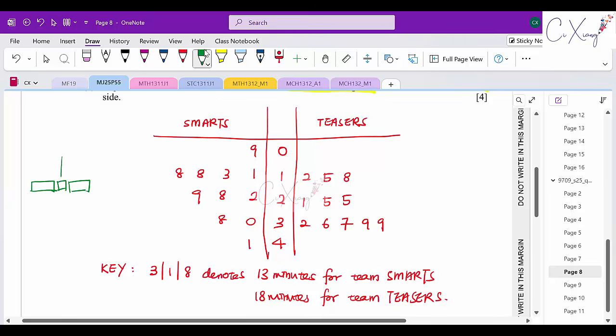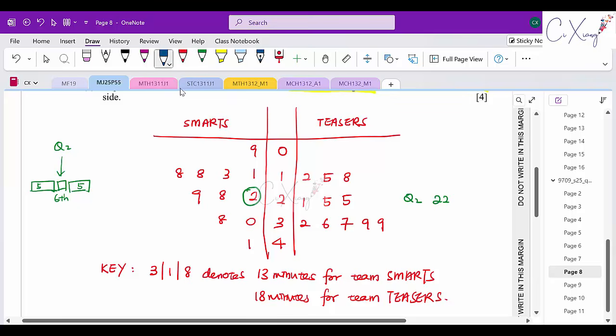So the center value here will be the median. So this is actually the 6th value. So you try to count from the smallest: 1, 2, 3, 4, 5, 6. So this 6th value here will be your median. It is basically 22, so this is the median, Q2.